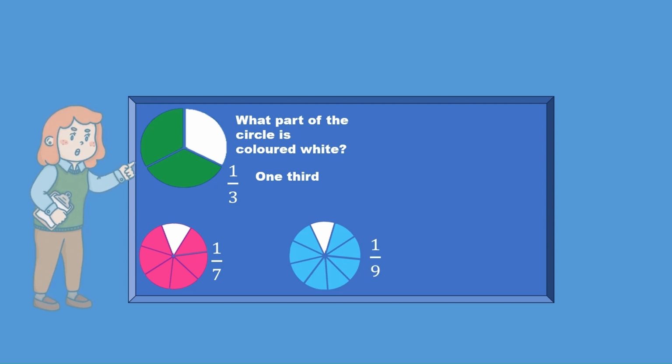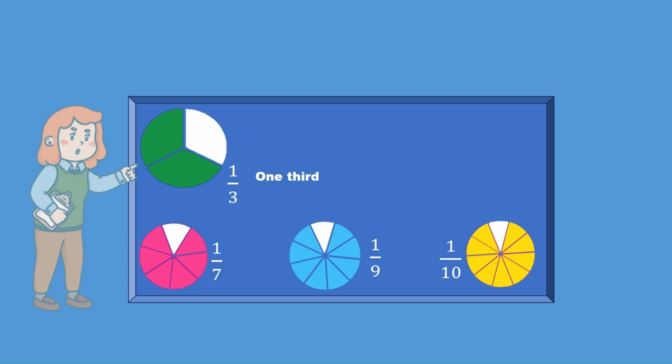In this particular case, the circle is divided into 9 equal parts. So what part of the circle is colored white? 1/9. Now another case, here the circle is divided into 10 equal parts. So 1/10 of the circle is colored white.